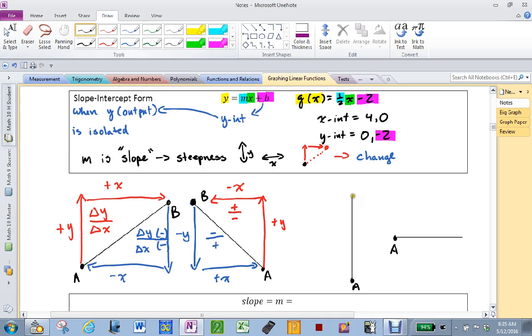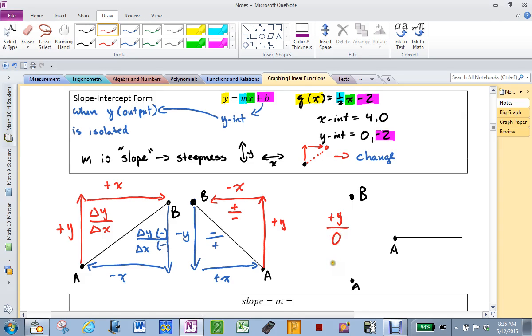Now, the 2 weird cases. What do I have there? How do I get from A to B? Positive y. Did I go anywhere sideways? So, is there any change in x? So, since slope is change in y divided by change in x, and there's no change in x, what number would go there? 0.